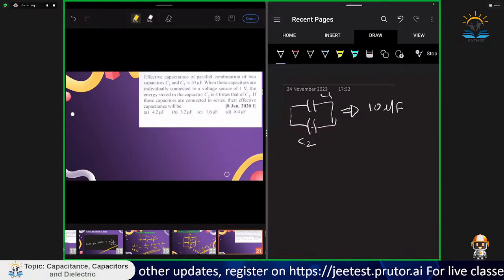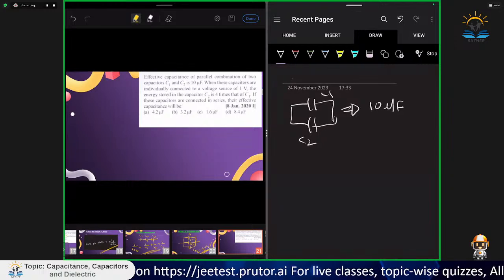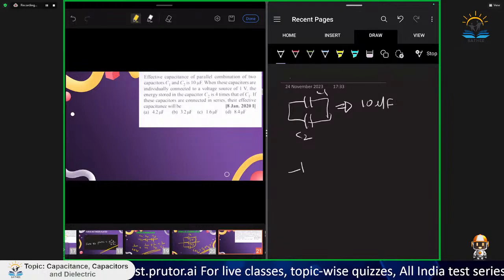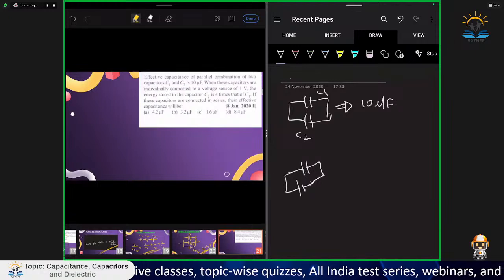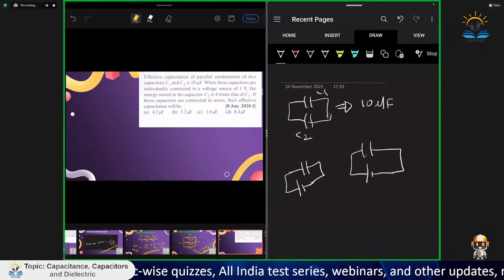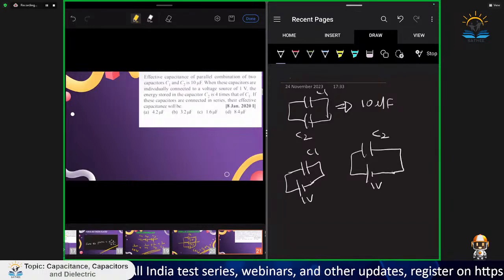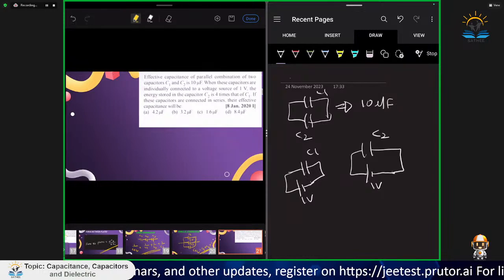When these capacitors are individually connected to a voltage source of 1 volt, C1 also, C2 also, the energy stored in capacitor C2 is 4 times that of C1.